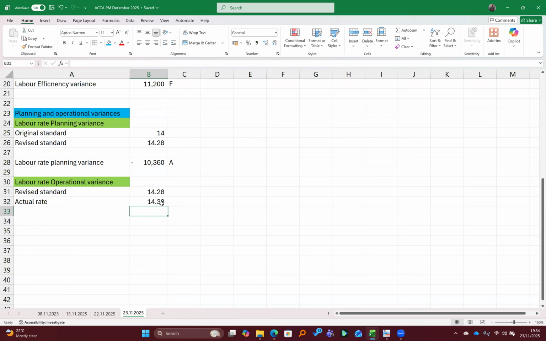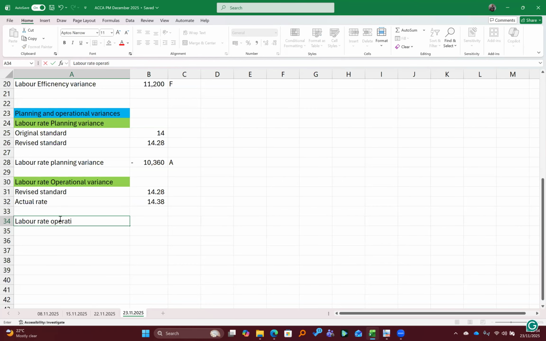So again here, it seems that even with the 14.28 revised standard, we actually paid more. So we can now say that the labor rate operational variance is equal to, again, 14.28 minus 14.38 times the hours, 37,000.